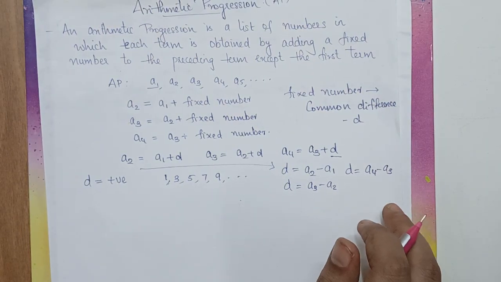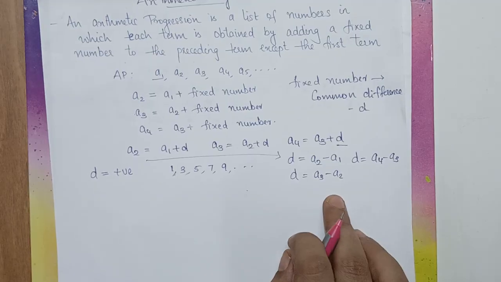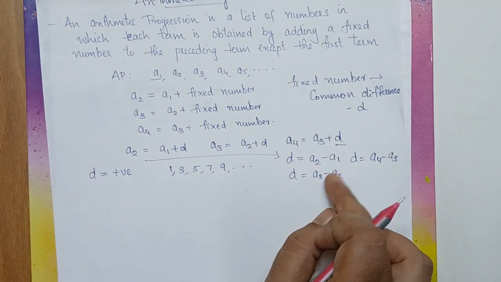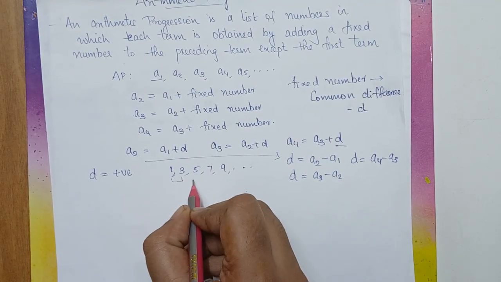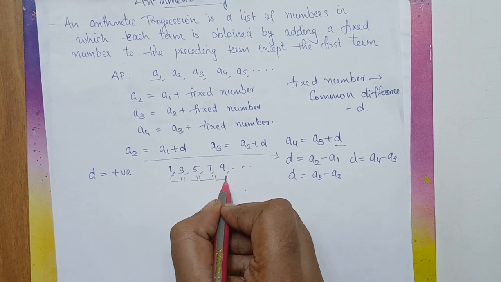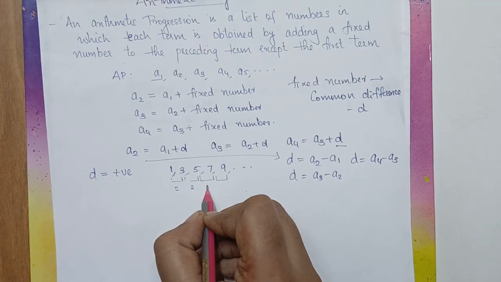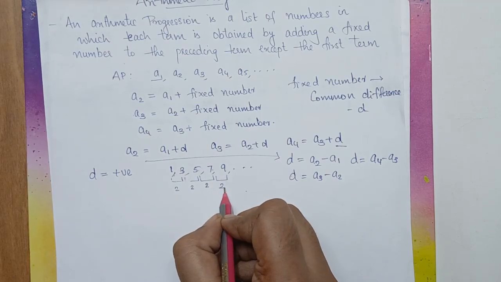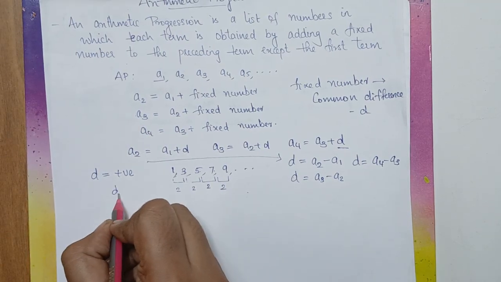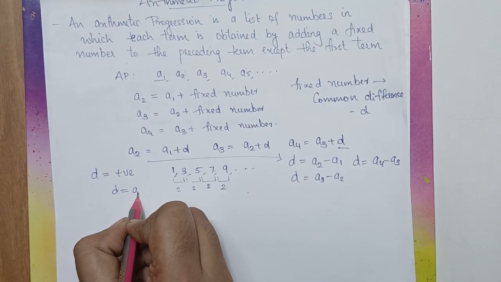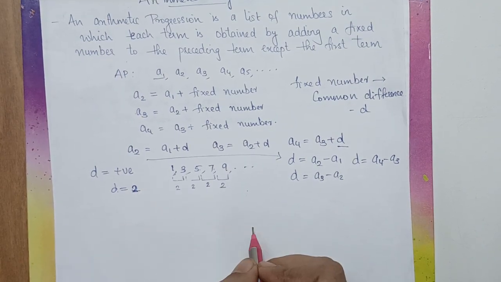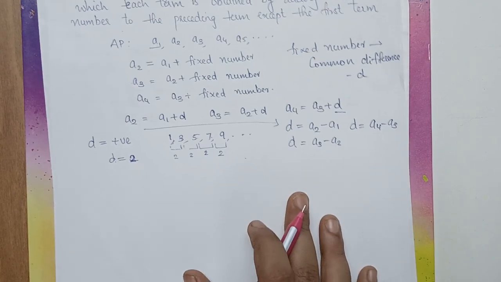Like that I can take. So what is d? d is the difference between consecutive terms. Here we have 3 minus 1 is 2, 5 minus 3 is 2, 7 minus 5 is 2, 9 minus 7 is 2. So here the common difference d is equal to 2.